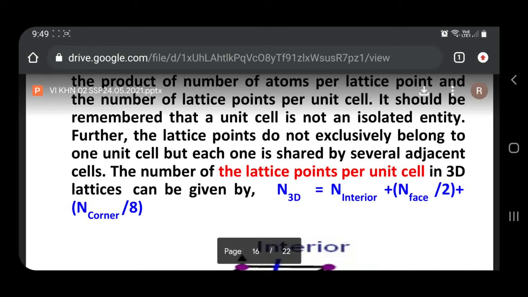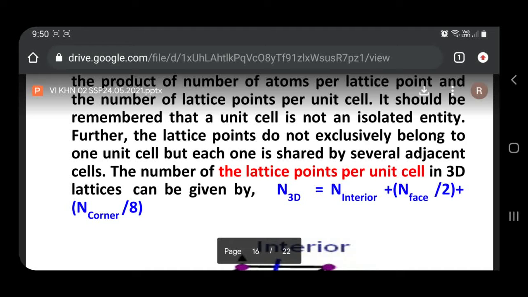To calculate, you can use this equation. So the number of atoms per unit cell in 3D lattices is equal to the number of atoms present in the interior, inside the unit cell, plus the number of atoms present at the faces of the unit cell divided by 2.